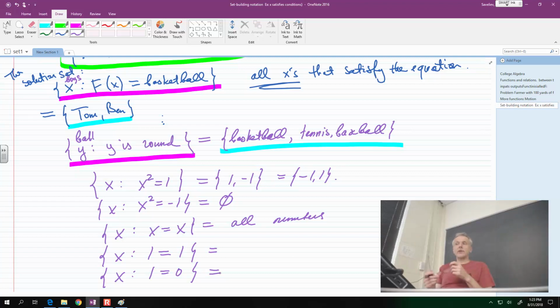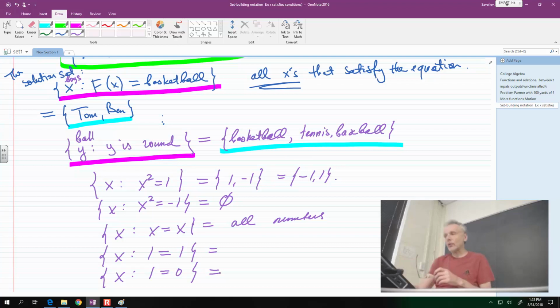Well, let's start from the top. Does 2 satisfy the restriction that 1 is equal to 1? No, once again, go one by one through all numbers. Start with any, say, start with 0.